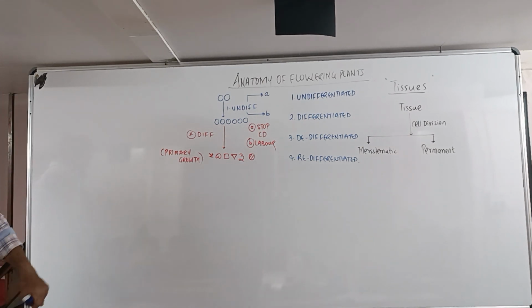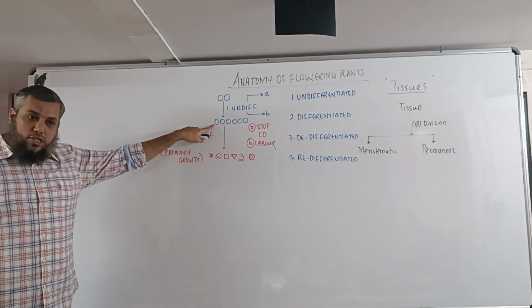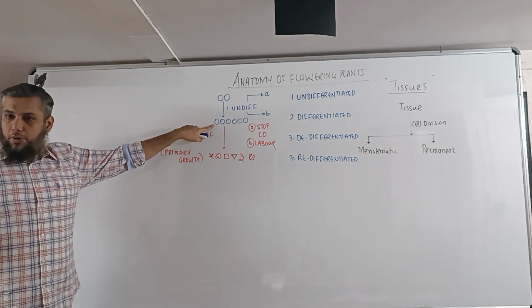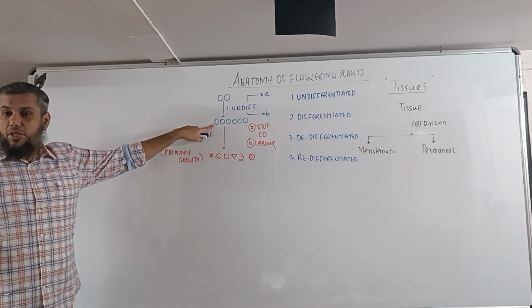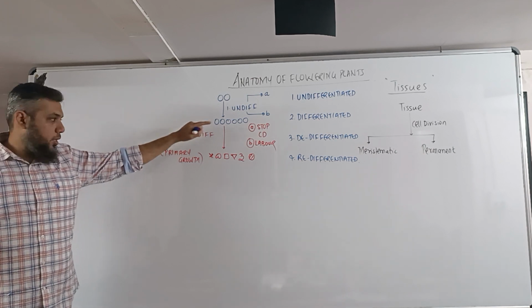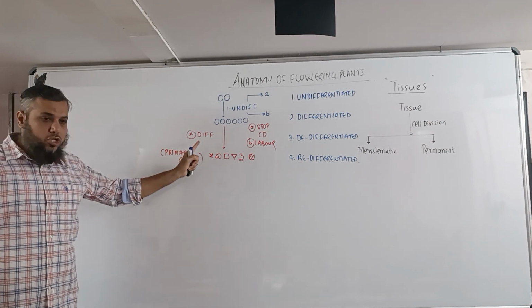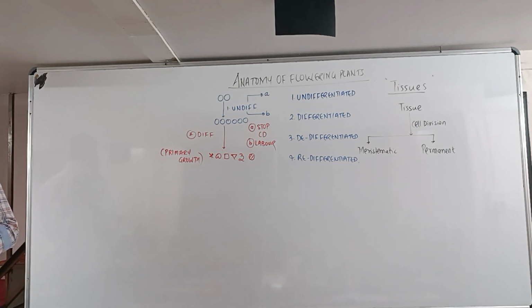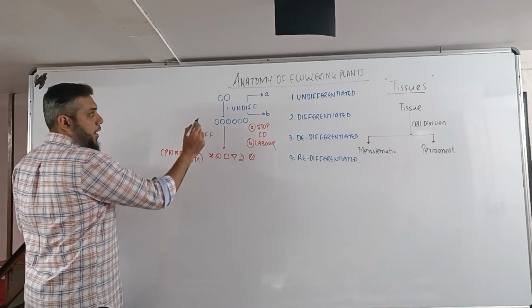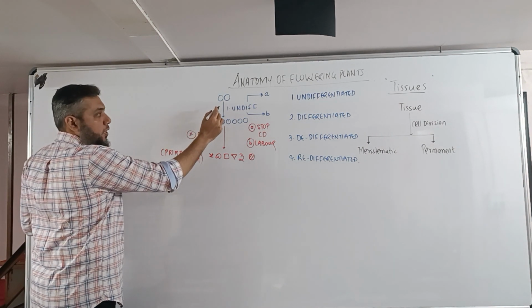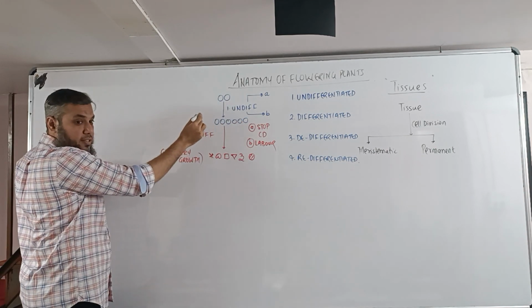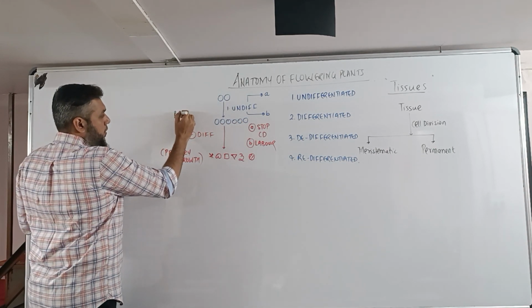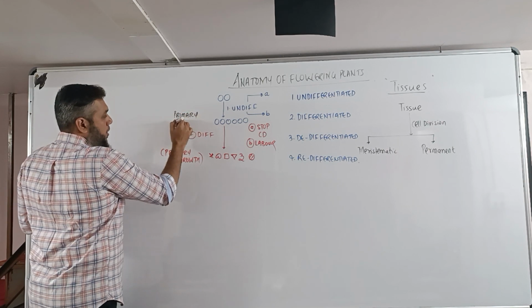The process where the cells temporarily or permanently stop undergoing cell division and take up specific work is called differentiation, and the growth that occurs is called primary growth. Have you got my point, everybody? And such undifferentiated cells are called primary meristem.